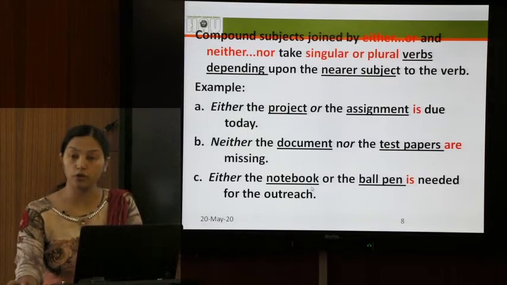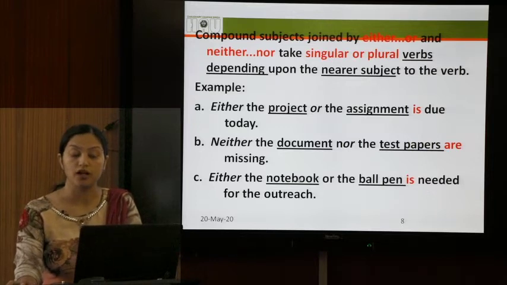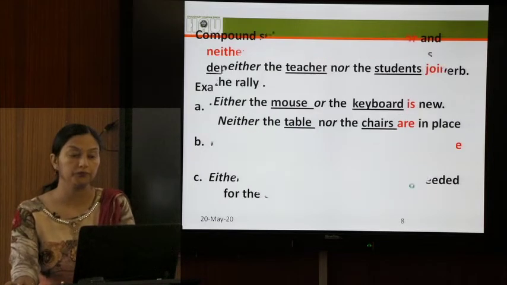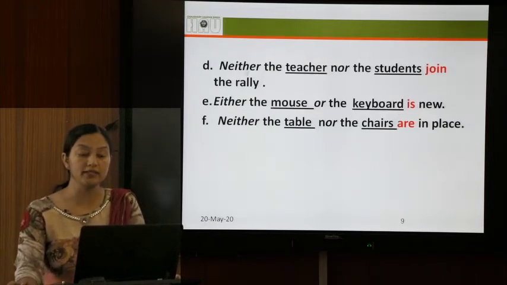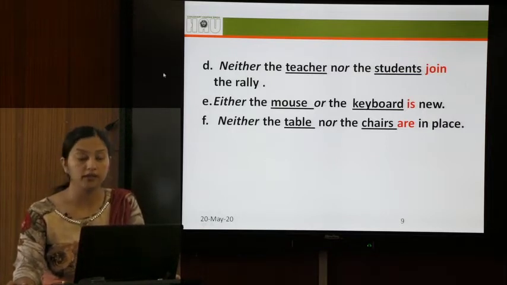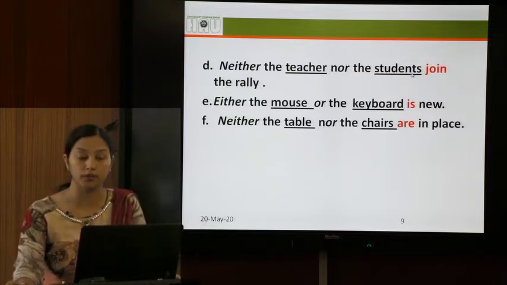Either the notebook or the ball pen is needed for the outreach. Of course, both the subjects are singular, so we are using a singular verb. Some more examples. Neither the teacher nor the students join the rally. Of course, this is a plural verb because my second subject is plural.